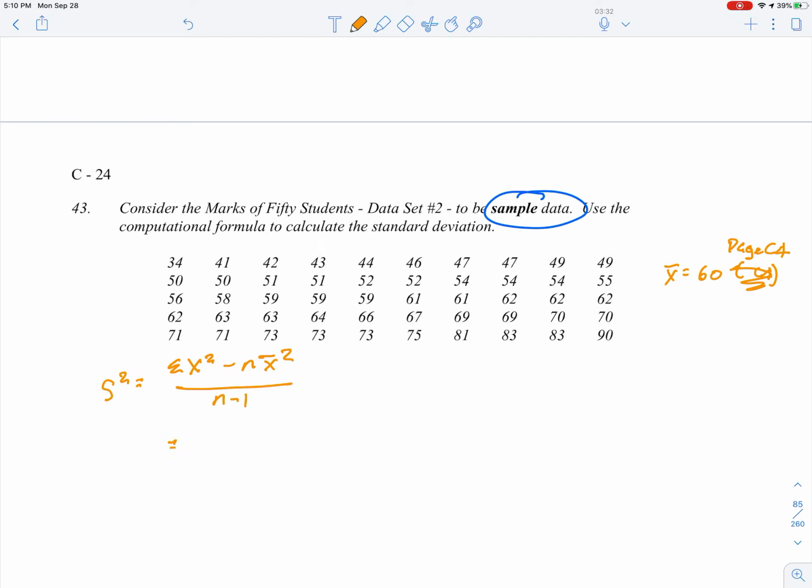So the way that you do that then is you take every number and square it. 34 squared plus 41 squared plus all the way up to 90 squared. I'm going to put that in brackets there. Minus n, which is 50, right? That would be our n, times 60 squared. That was our x bar.